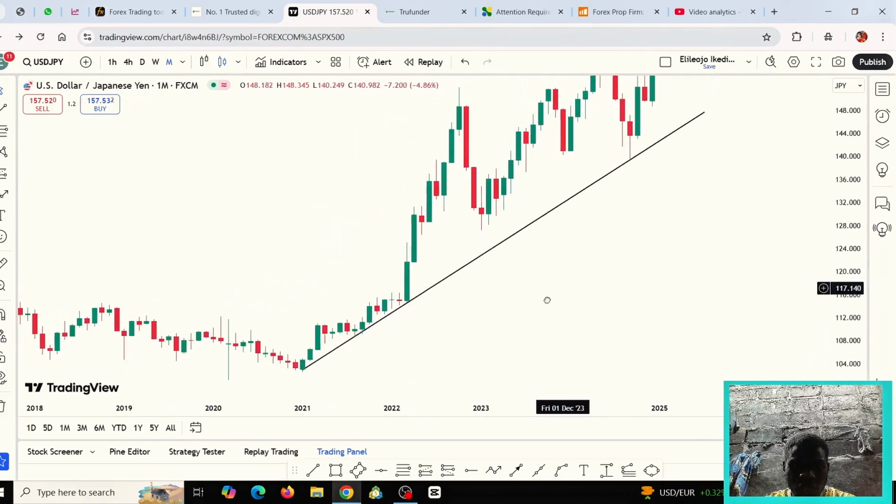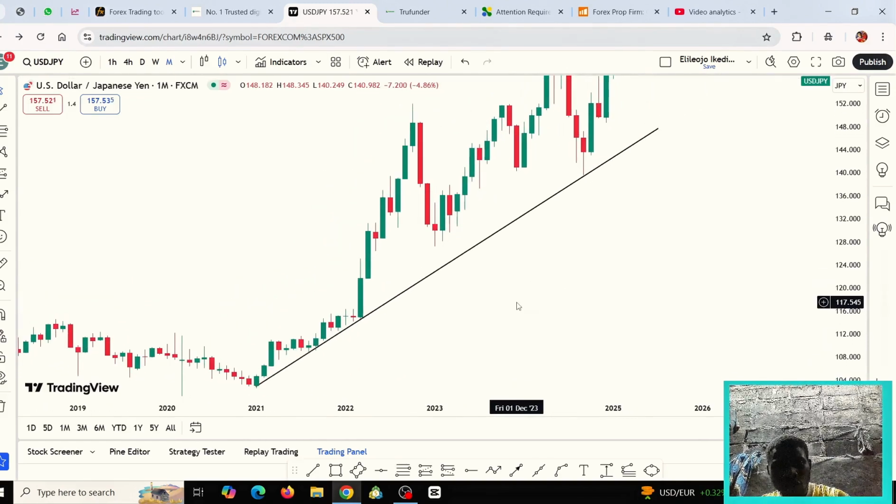So in a situation whereby the candle does not have a wick, the candle does not have a shadow, you place it on the rear part, the tip, the end of the candle. Make sure it is not on the body. You place it on the tip and then you extend it.